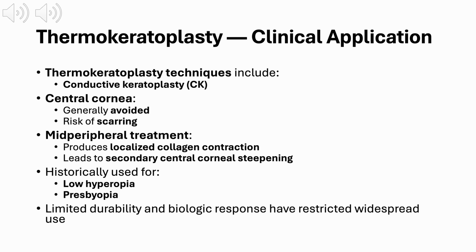Instead, treatment is applied in the mid-peripheral cornea. When collagen in the mid-periphery contracts, it creates a tightening effect in that zone. As a result, the untreated central cornea steepens secondarily, producing a refractive change without directly manipulating the visual axis.